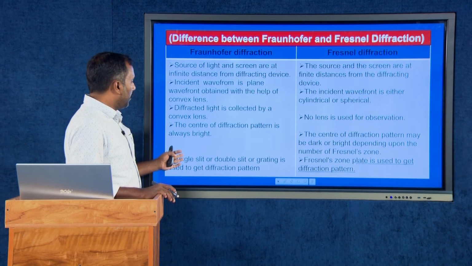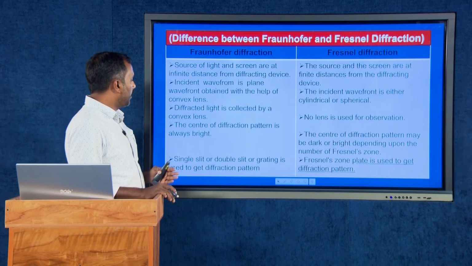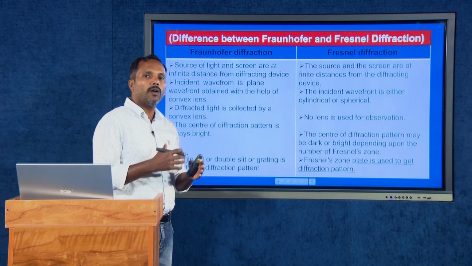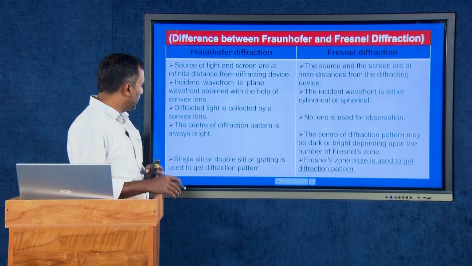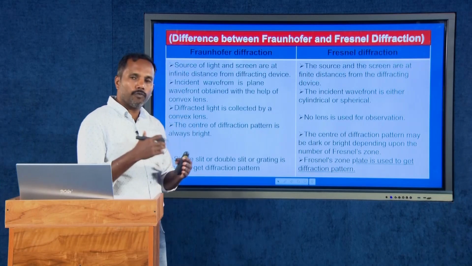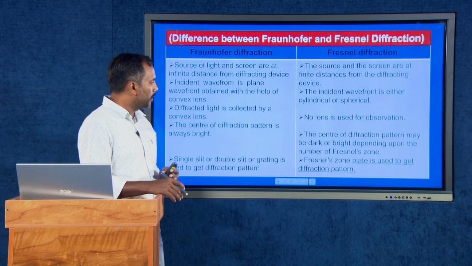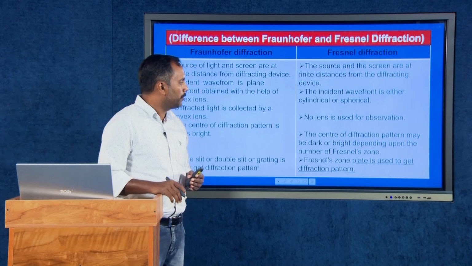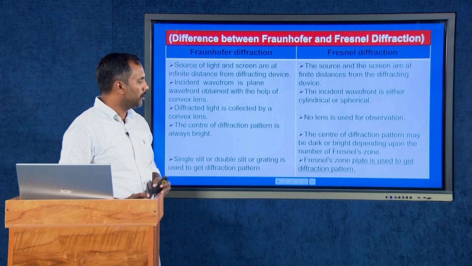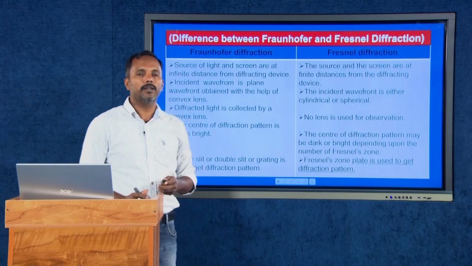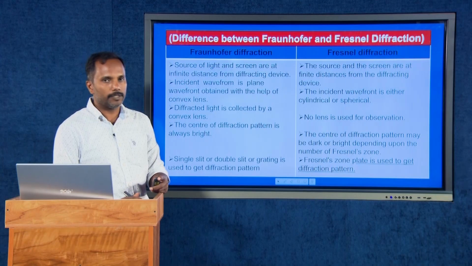Fraunhofer diffraction is used with a single slit, a double slit, or a grating arrangement, in which we use a large number of parallel slits. The Fresnel diffraction pattern we can observe by using a Fresnel zone plate.